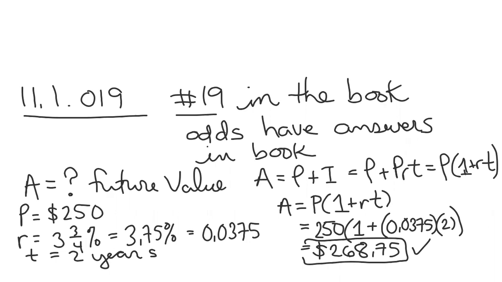Okay, number 6 is number 32 in the book. So let's clear this out. Number 32. Find the total amount that must be repaid on the following note described.